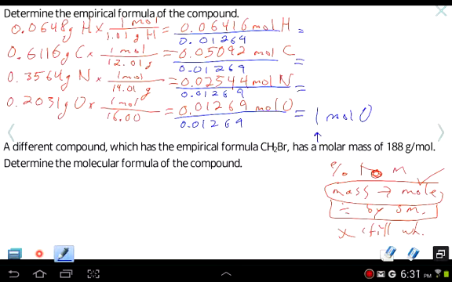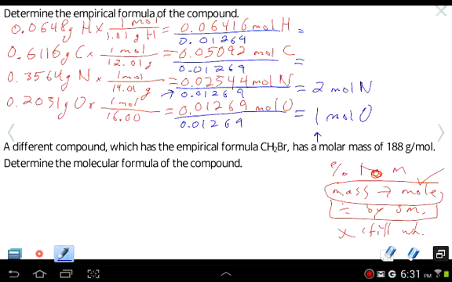So for the nitrogen, we've got 0.02. You can kind of see that it's twice as much, so it's a 2 to 1, roughly 2 moles of nitrogen.